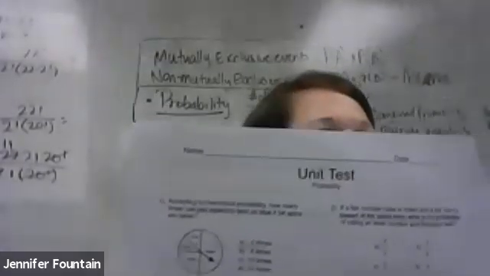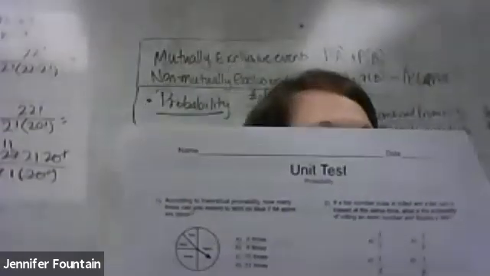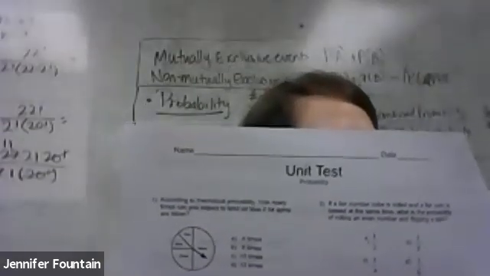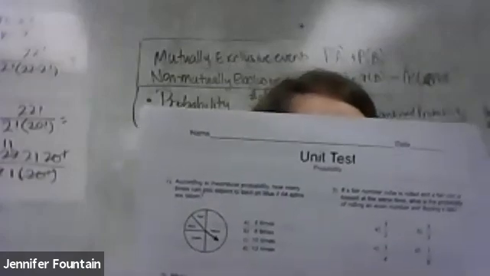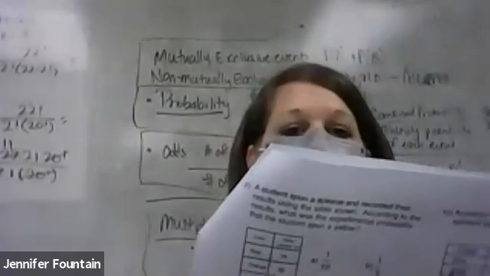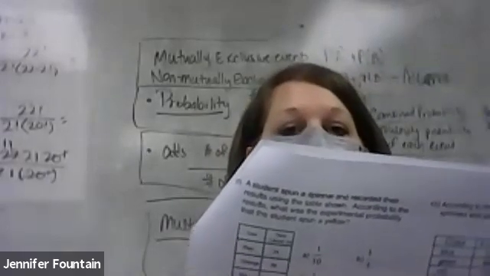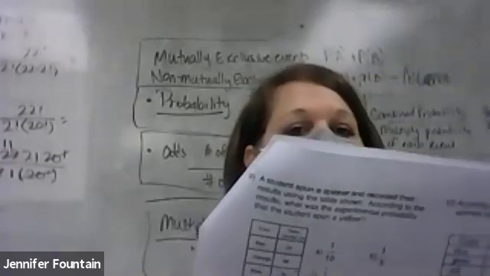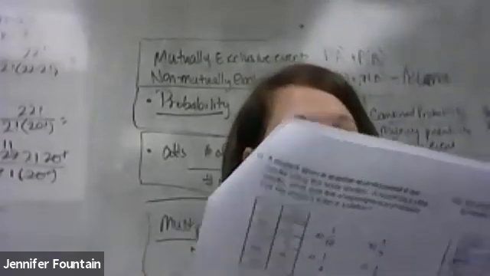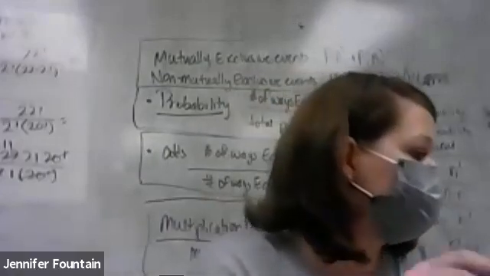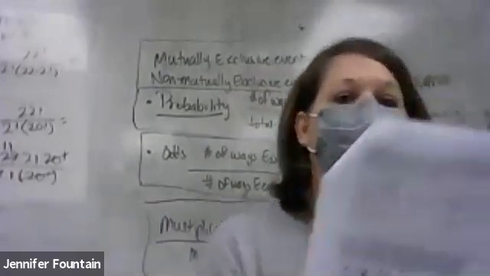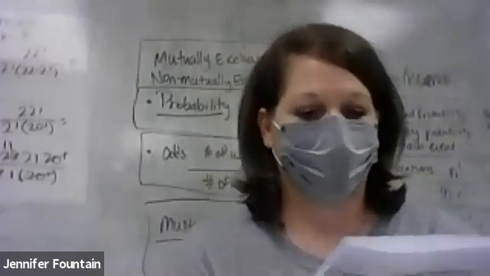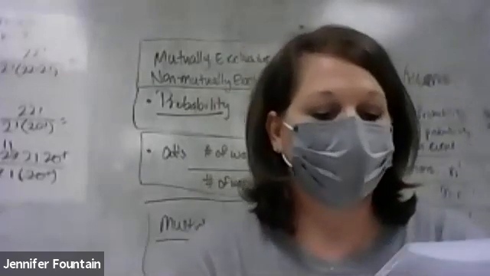What are we going to do there? We're going to find the probability and multiply by what? How many spins? 64. So find the probability, multiply by 64. Look at number 2. If a fair number cube and a fair coin are tossed at the same time, what is the probability of rolling an even number and flipping a tails? So just like we did in our review, we're going to look at the number of that. Okay. So these are all very, very similar.